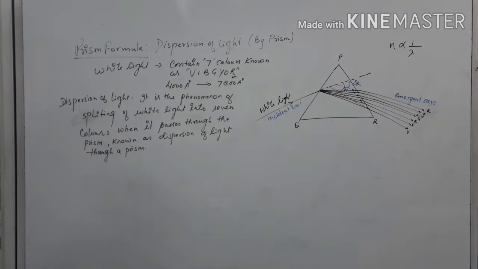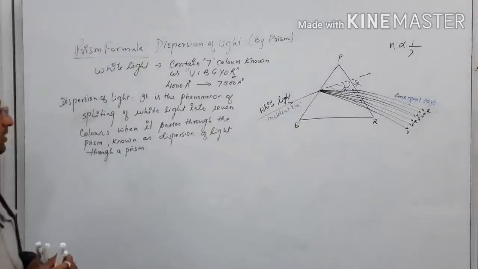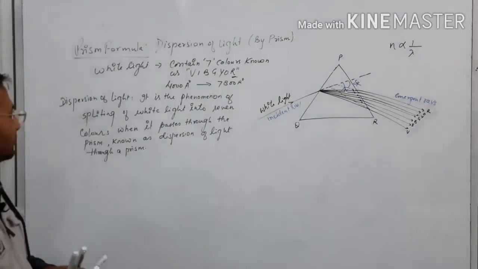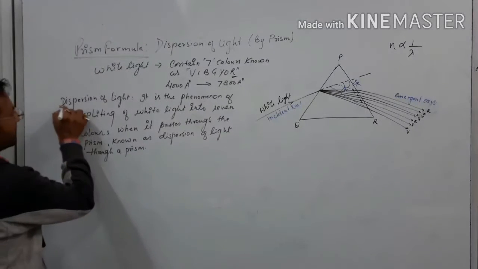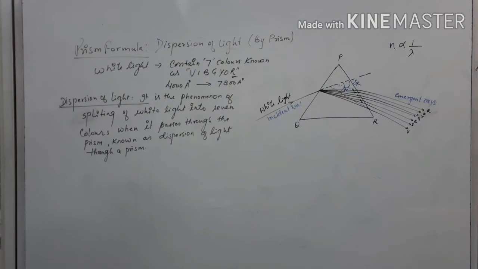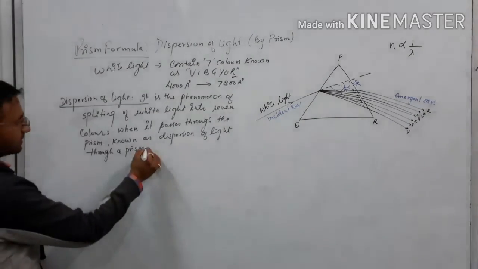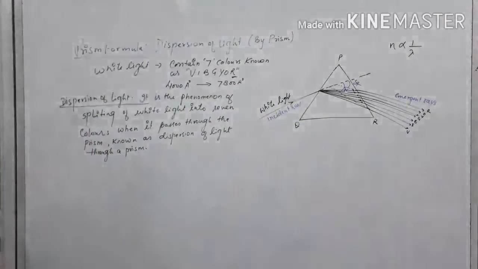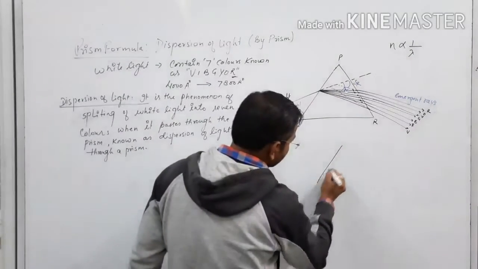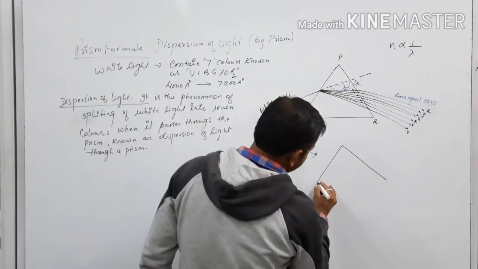Dispersion can also be possible with the help of a refracting surface, meaning lenses also, due to which chromatic aberration is there. So here, when we are talking about dispersion of light, we are talking only about a prism in this case. So this is the definition of prism.